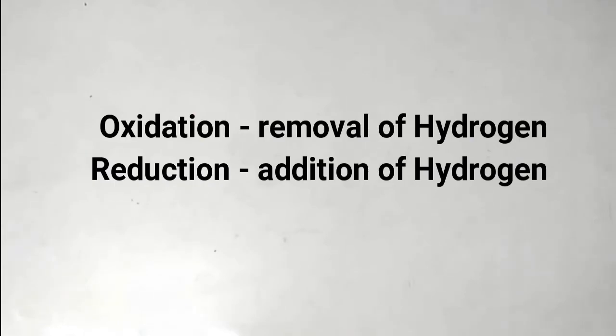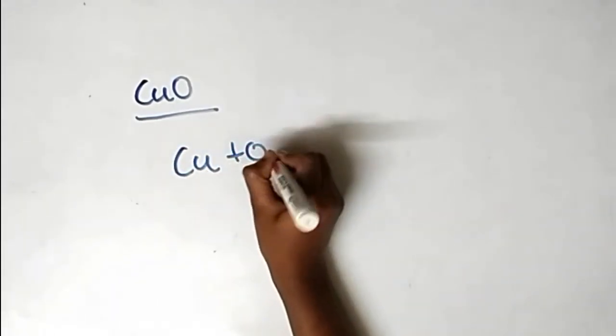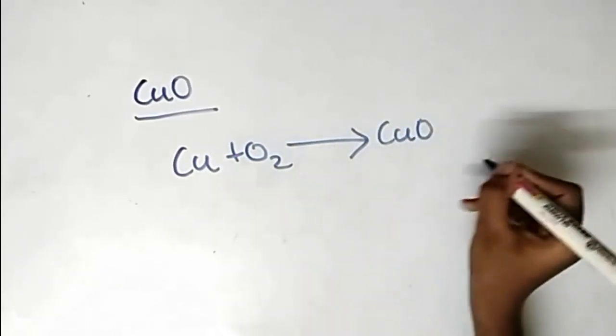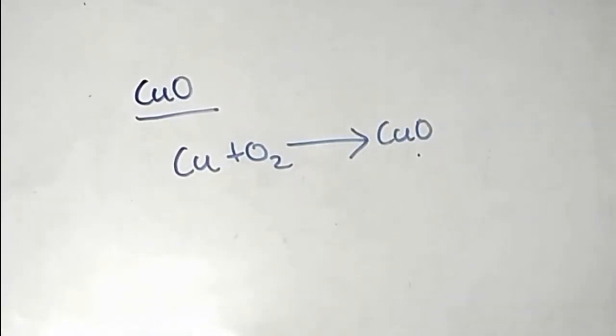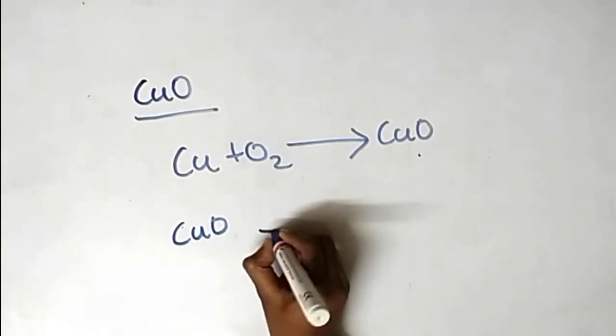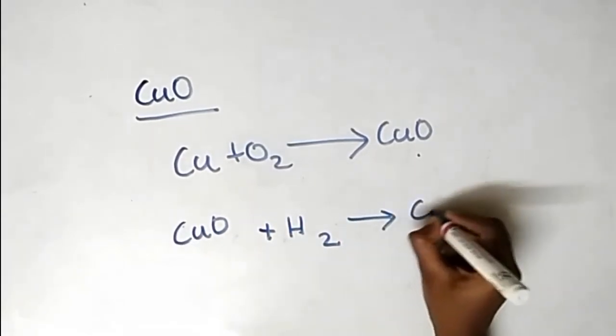For example, we can discuss the copper oxide. We already discussed that the copper reacts with the oxygen to give the copper oxide, which was black in color. And when this copper oxide reacts with the hydrogen, we get the copper back again.